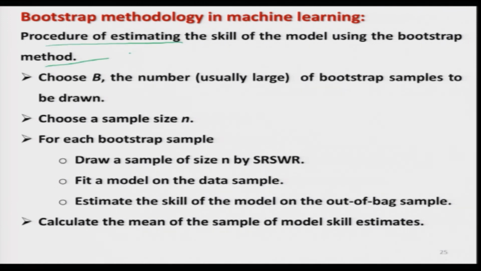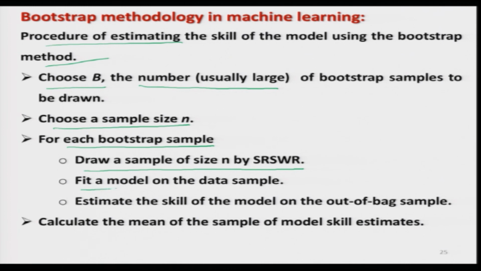The first step is to choose B, which is your number of Bootstrap samples, and usually it is taken to be a large number. Then you draw a sample of size n, and from there you draw B Bootstrap samples, and for each Bootstrap sample draw a sample of size n by SRSWR, the usual approach.